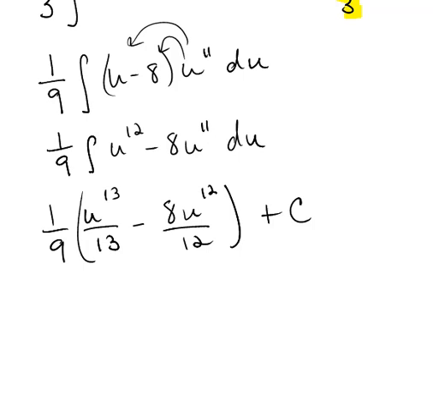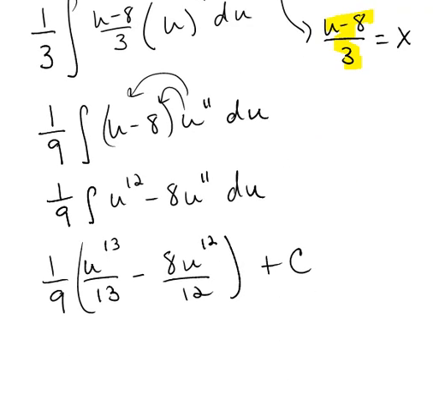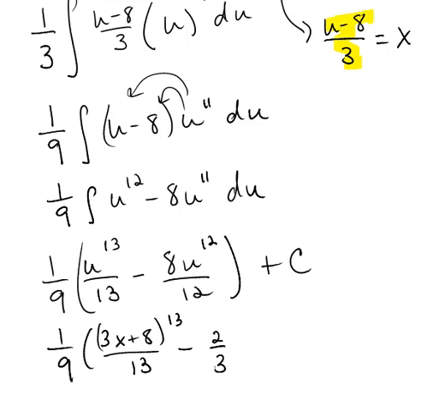What was u equal to? u is equal to 3x + 8. So I can say this is 1/9 (3x + 8)^13/13 minus, I'm going to reduce that, 4 goes into both of those, so that's 2/3 (3x + 8)^12, and then + c.